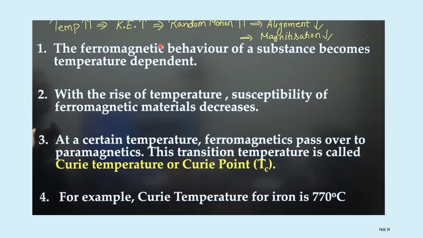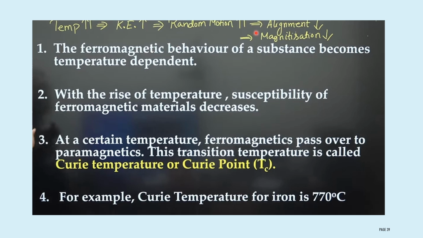First point, the ferromagnetic behavior of a substance becomes temperature dependent. In the case of a ferromagnetic material, when temperature increases, the kinetic energy of the atoms increases. When the kinetic energy increases, the atoms start moving randomly.